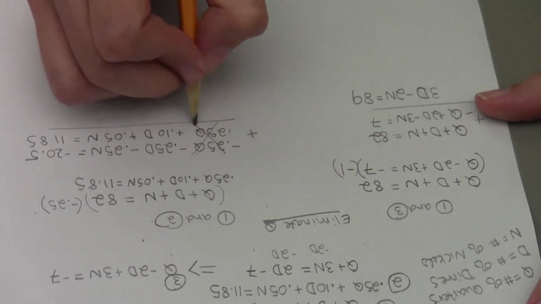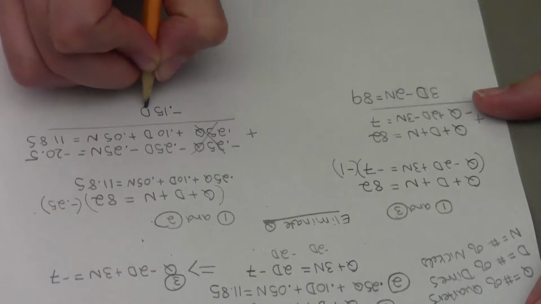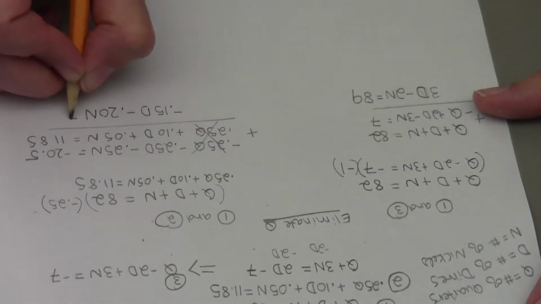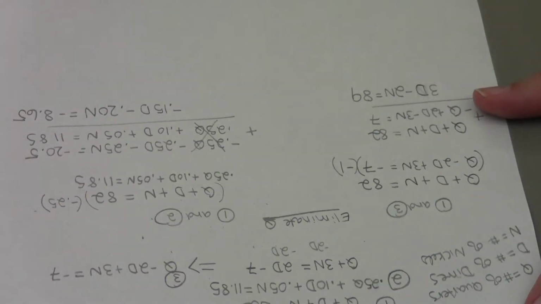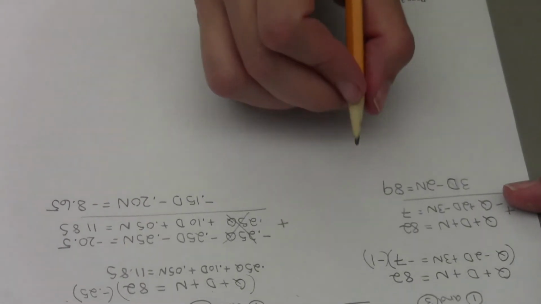Adding these, my Q's are eliminated. I'm left with negative 0.15D minus 0.20N equals negative 8.65.